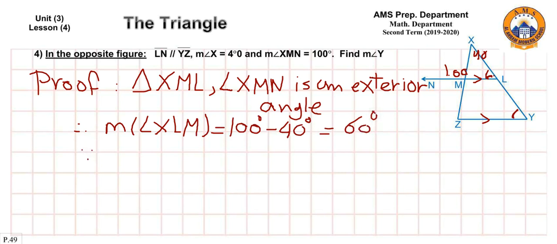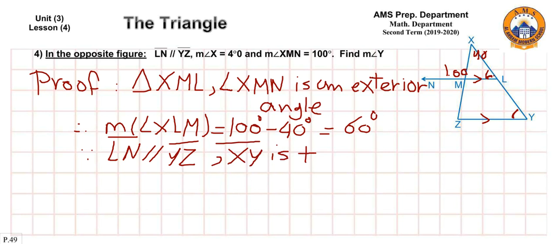Now we have to mention the parallel lines, since LN is parallel to YZ. Where is our transversal? Yes, XY is the transversal.